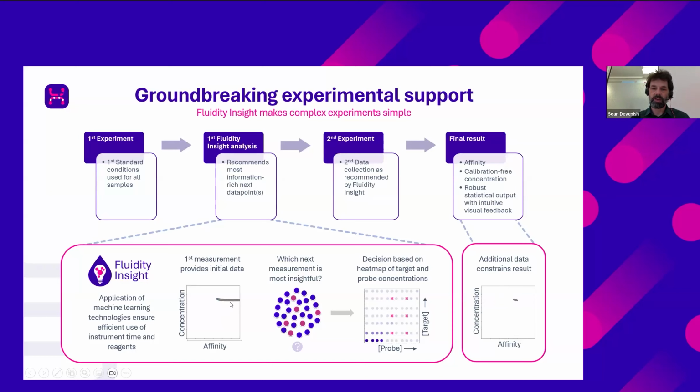We've very quickly got a very nice constraint, a well constrained result. And so it's really very straightforward. In essence, the beauty of this is you actually don't need to know anything about biophysics. You just need to be able to follow some fairly straightforward instructions to get these powerful results.